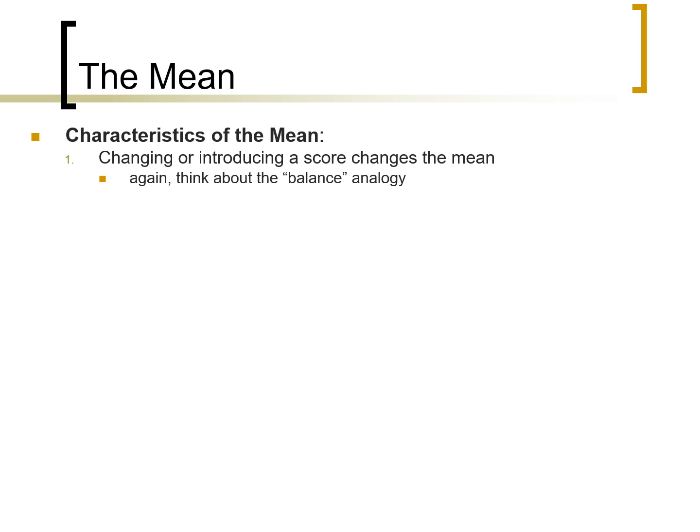Couple more ways to think about the mean. What happens if we add a score or change a score or take away a score? Well, if we go back to the balancing analogy, this changes where the balance point is going to be.